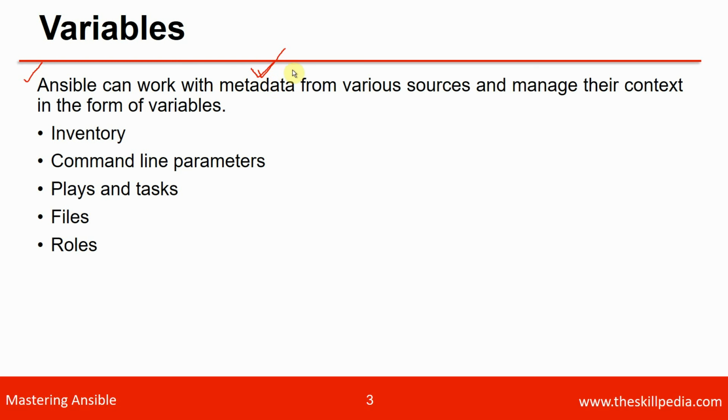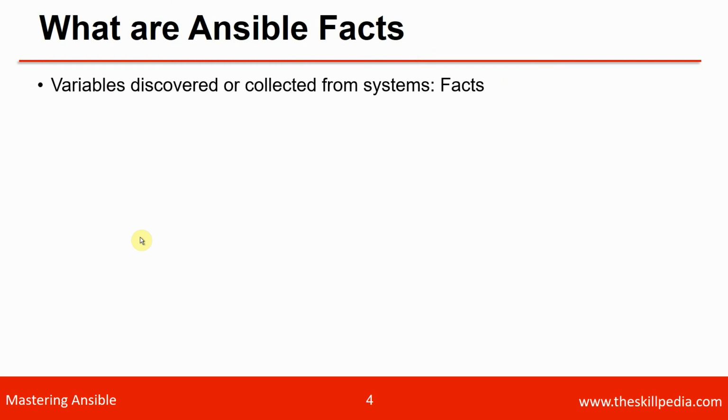So Ansible can work with metadata from various sources and manage their context in the form of variables. So we can have inventory variables, command line parameters, places and tasks where we can define variables, variables coming from files, variables used in roles. Variable can be anywhere. They find use in every aspect of Ansible.